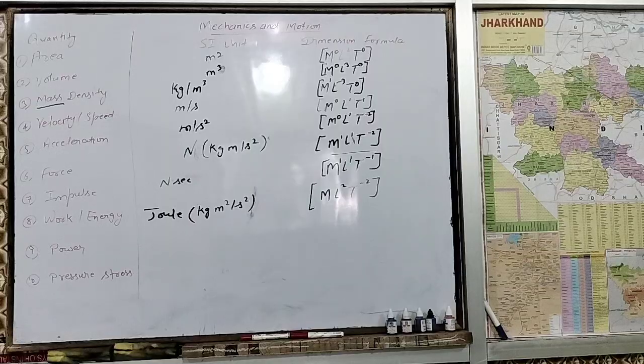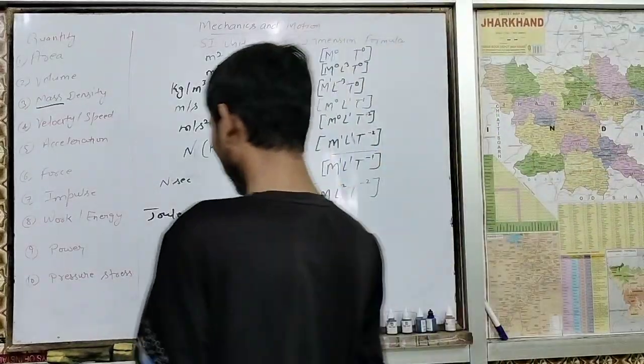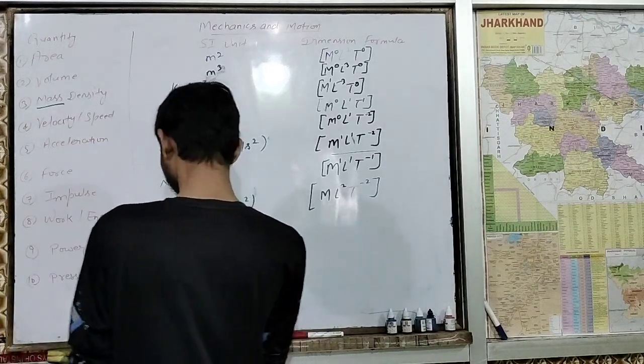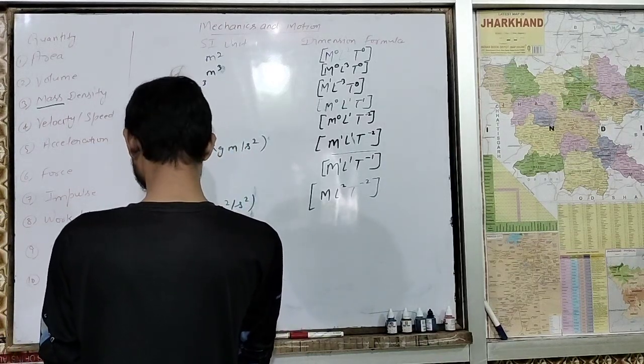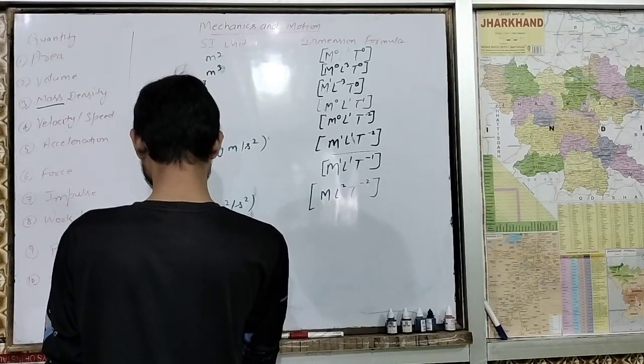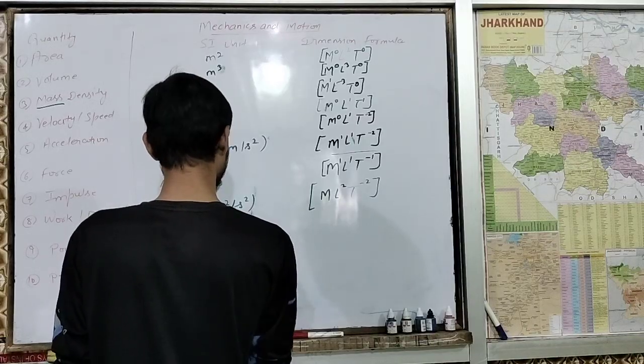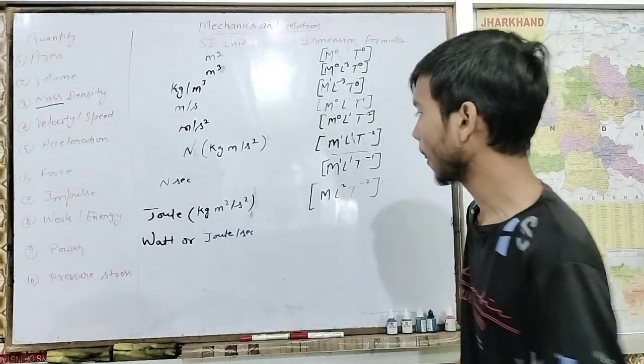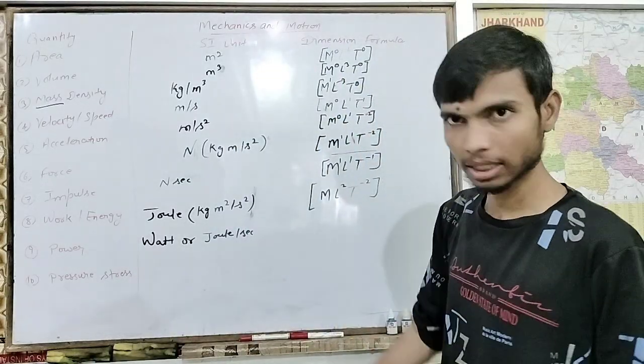The SI unit for power is what? For power it is a watt, okay? Or you can say joule per second. Here per second is added more.